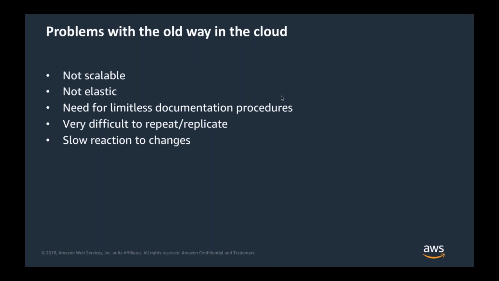And this comes to scalability. It's not very fast in reaction to changes. If we wish to install a different package version across our entire fleet, again, Bob has to log in to each of these instances and make that change, which is not the fastest of things.